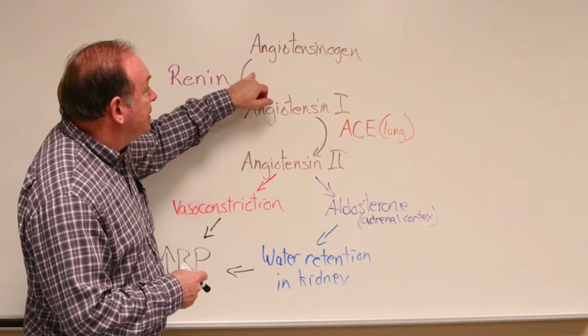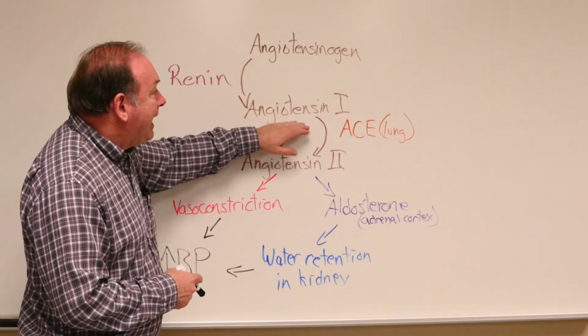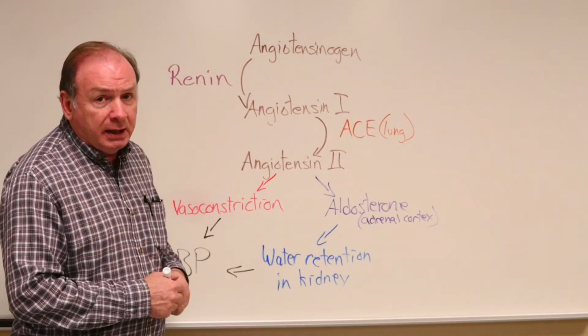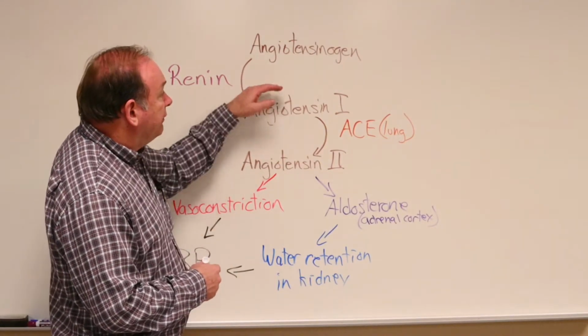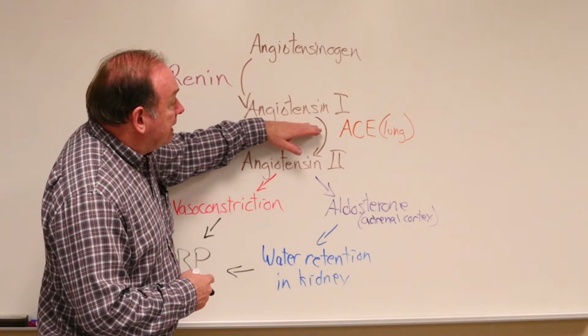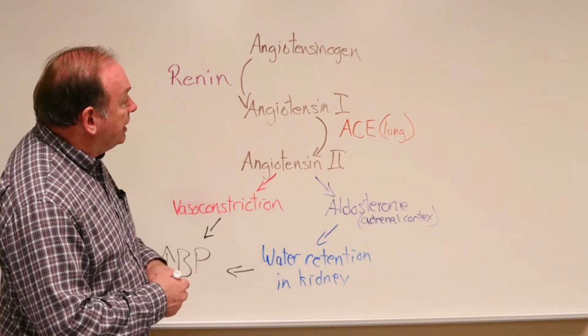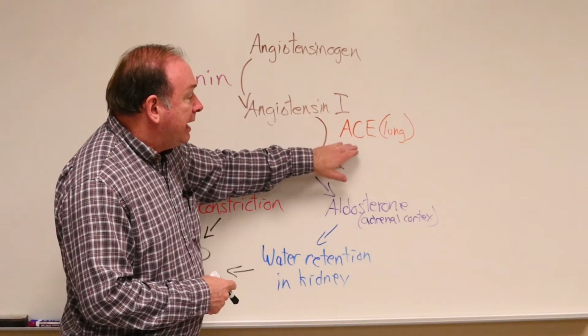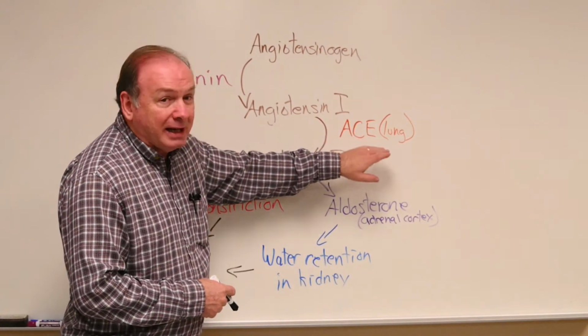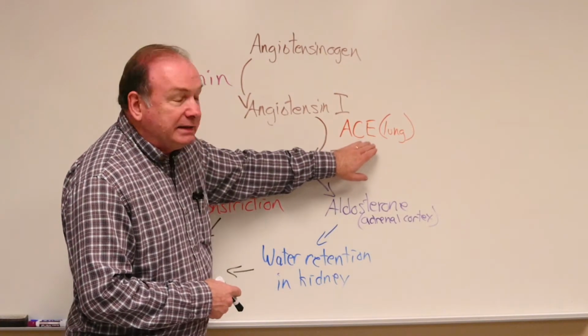So the angiotensinogen is converted to angiotensin 1 in the blood. This conversion leads to the next step, which is the formation of angiotensin 2. This is done by angiotensin converting enzyme, also known as ACE.